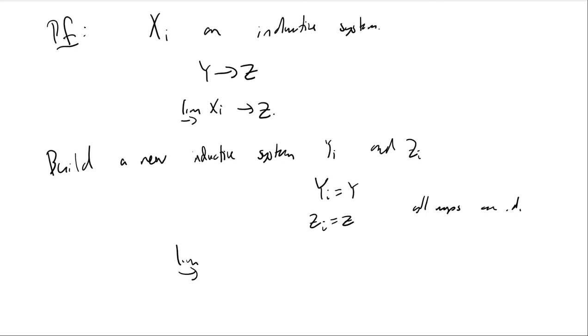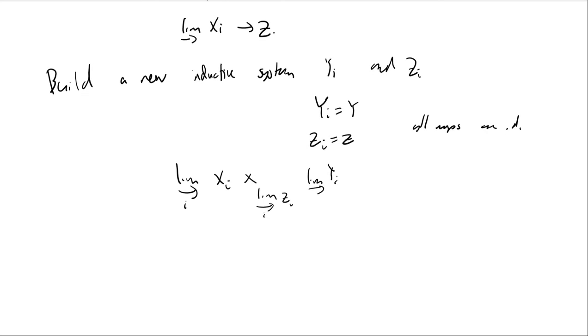We have lim I xi, and now we take the fiber product over the limit of the zi's and the limit of the yi's. And I want to consider this object. Now, this object, which looks a little bit complicated at the moment, is actually easy to recognize.